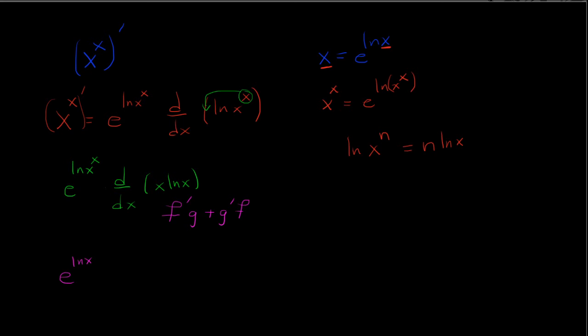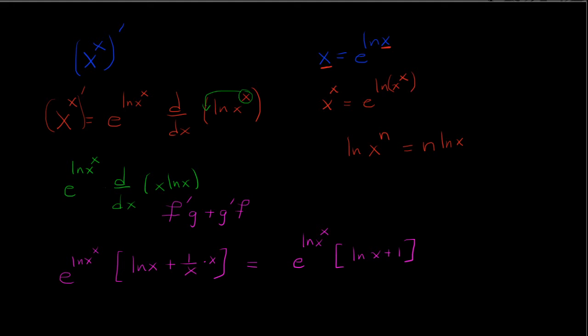So now that's going to look like, well, the derivative of x is 1 times natural log of x, plus the derivative of natural log of x is 1 over x times x. So this simplifies to e to the natural log of x to the x times the quantity ln of x plus 1.